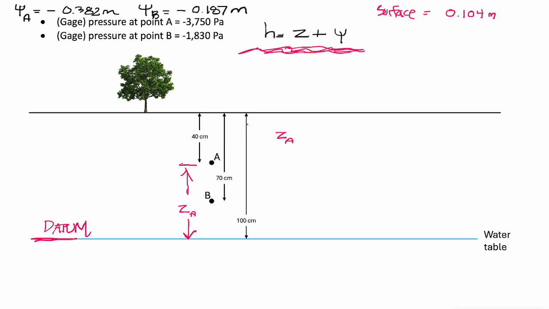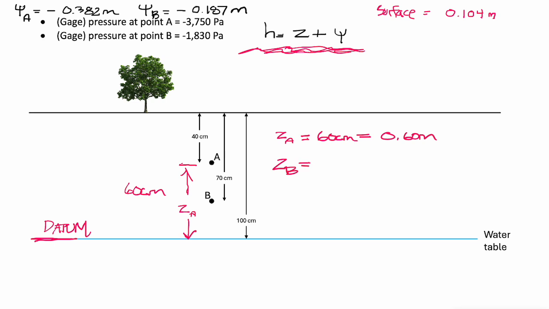The entire distance from the surface to the water table is 100 centimeters. A is 40 centimeters down from the top. In other words, it's 100 minus 40, or 60 centimeters up from the bottom, right? And so Z of A will be 60 centimeters positive, which is the same thing as 0.60 meters.